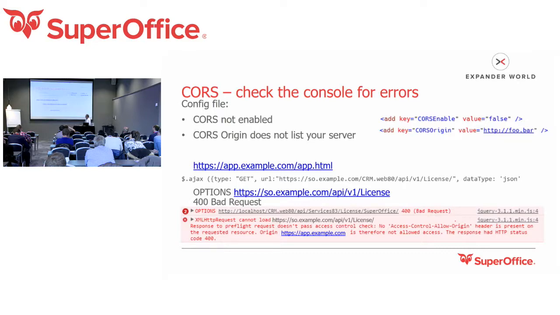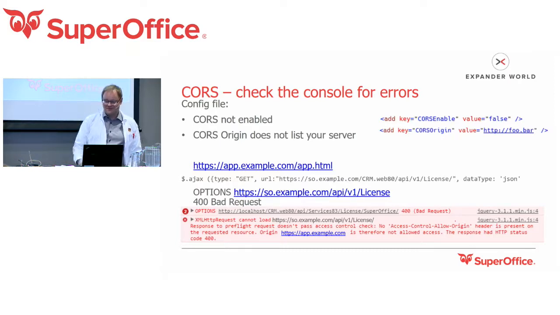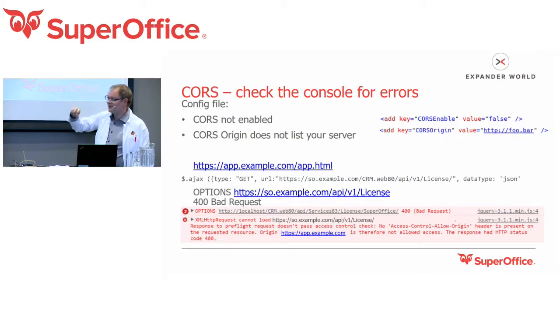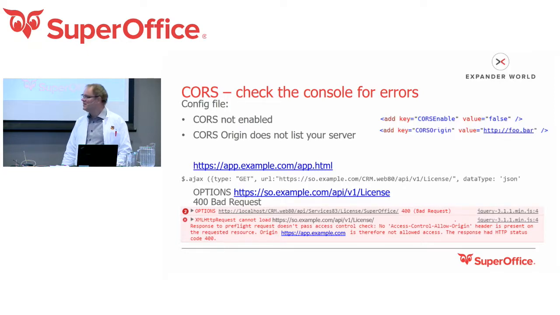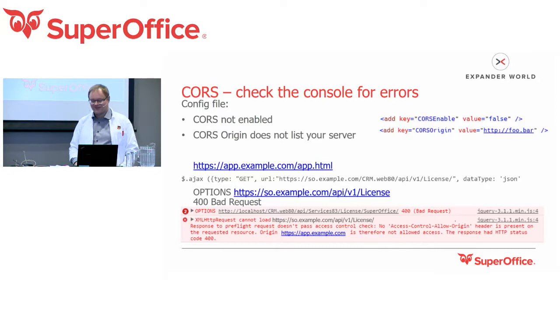If you have CORS disabled, which basically means don't allow calls from other servers at all, then those get blocked. There's also a config file setting for a list of URLs that you're going to allow to talk to your web API. If your server is not on there, or if it's misspelled or something, then you will get this lovely error message.